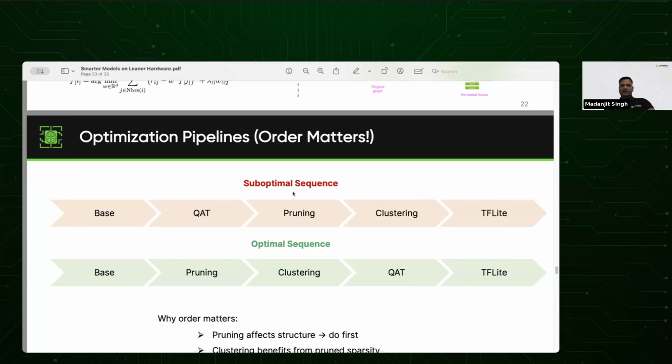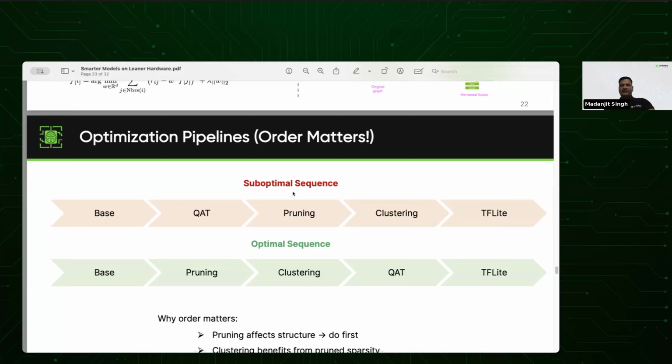These are the recommended orders and best practices. You create a base model, which is going to be your full-precision FP32 model, trained for high accuracy before compression. The second one is structured pruning. If you understand the model architecture, you can remove some of the nodes, reduce the filter sizes, or reduce the neurons, and ensure that the model is still performing the way it was with the base model.